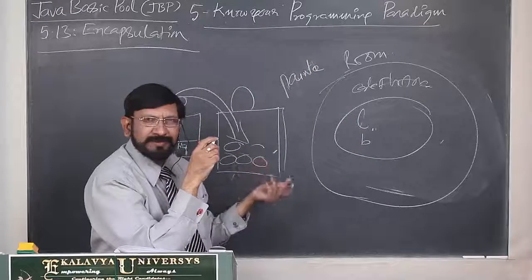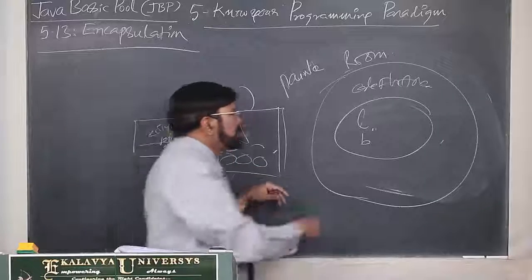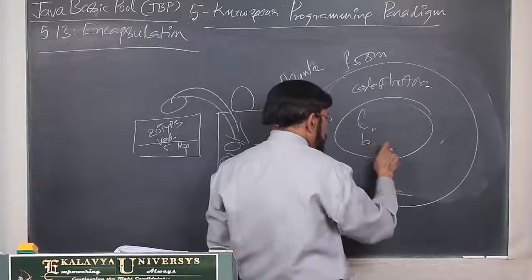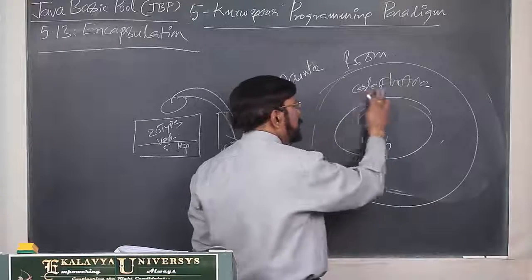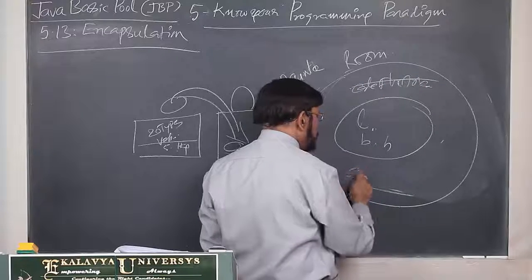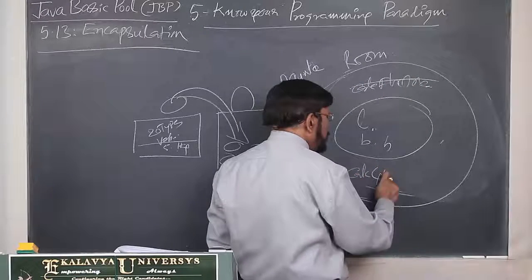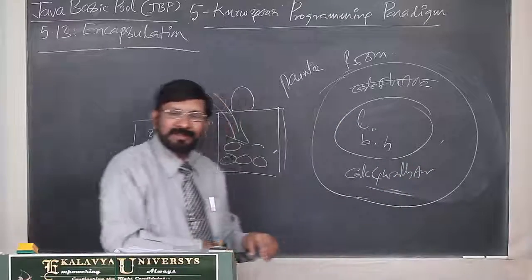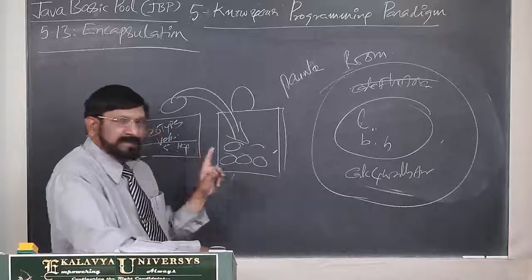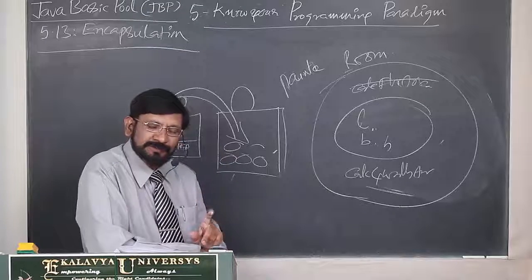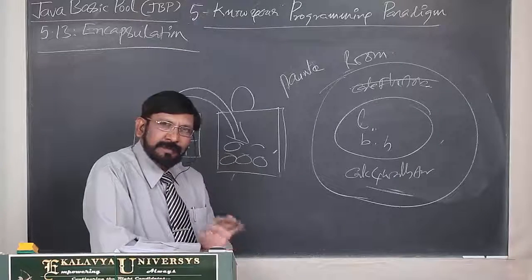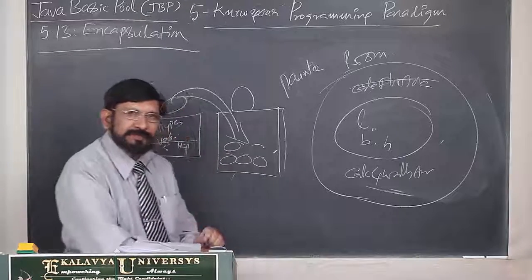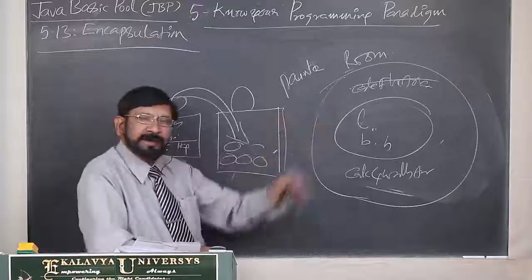Both are my clients only. Then I take H also for him, and this is not required. I take calculate 4 walls area. By this, could you understand that abstraction and encapsulation are complementary concepts? Because of encapsulation, we are able to hide the data.